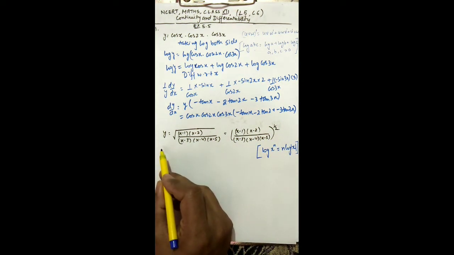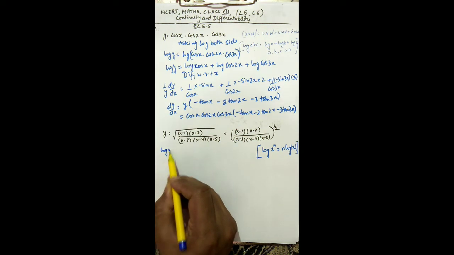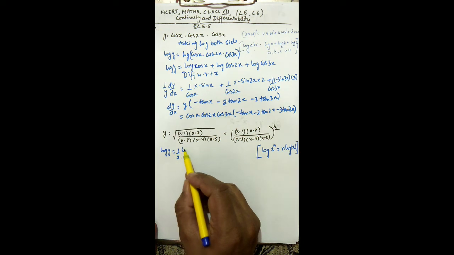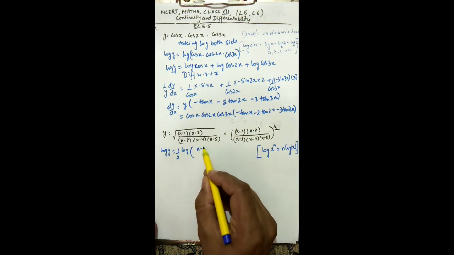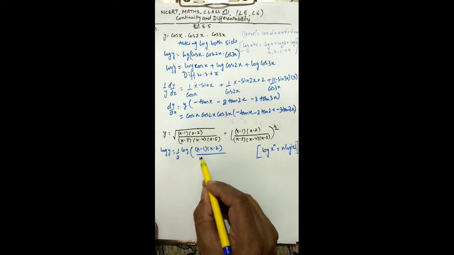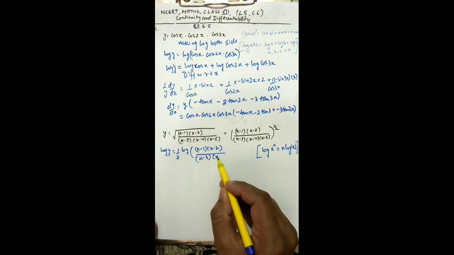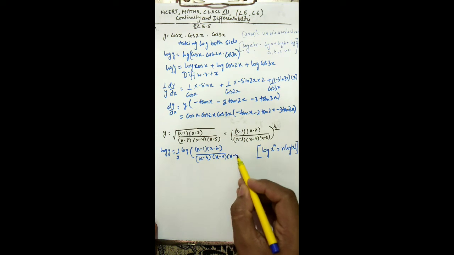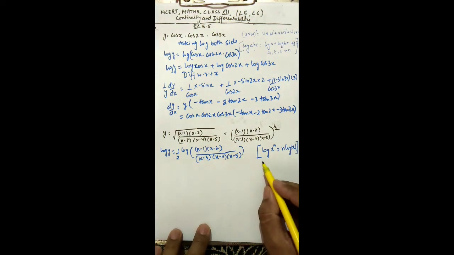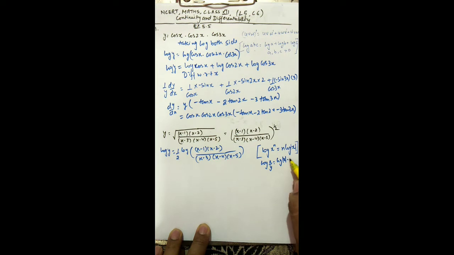So if I take log on both sides, then it will be log y, and this 1 by 2 will come here, and this will be log of (x minus 1)(x minus 2) upon (x minus 3)(x minus 4)(x minus 5). Now we have one more rule, the quotient rule, that is log of x upon y becomes log x minus log y.